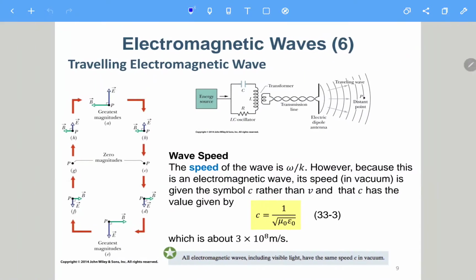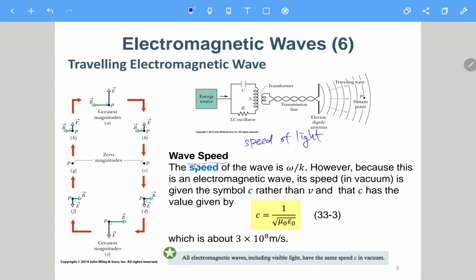Before telling what the fixed ratio is, here we have an important variable called the wave speed, or we can call it the speed of light, because an EM wave is actually light, and usually we call it c.